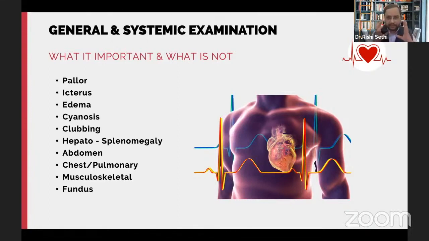If you want to focus as a DM cardiology candidate on the precordium and the case that you are interested in, and everything else is normal, get across your general examination and systemic examination by saying a few simple lines that there is no pallor, icterus, edema, cyanosis, clubbing, there is no hepatosplenomegaly, per abdominal examination, respiratory system examination, and musculoskeletal examination are within normal limits. So this is a simple line also, and these are all the points that you really need to know when you are seeing a cardiology case.